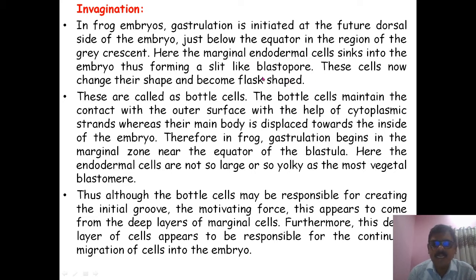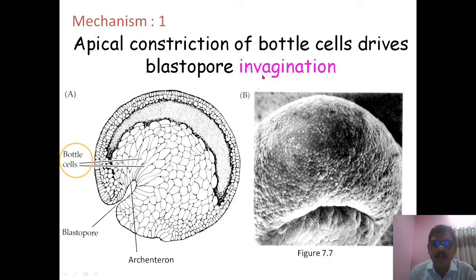And these cells now change their shape, and become flask shaped. So see, these are the marginal cells, and these marginal cells start to move inward, so that there is a formation of the opening, which we call the blastopore, and that cavity we call the Archenteron.